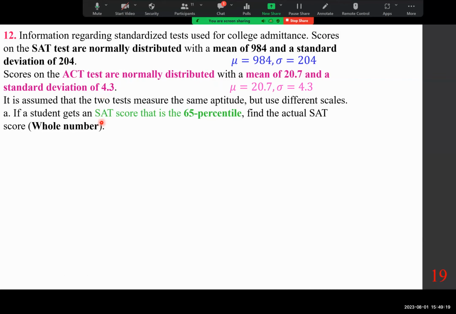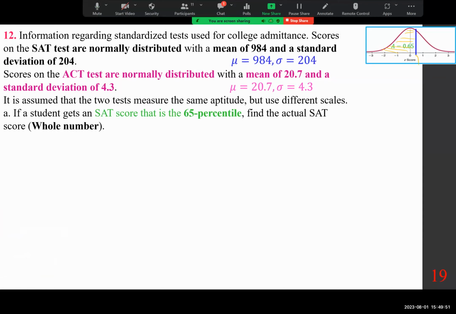So if a student gets an SAT score, so we are dealing with this, of 65th percentile, we want to find the actual SAT score. So that means 65th percentile. We're going to come up with the area. Okay, 65. The area is 0.65.